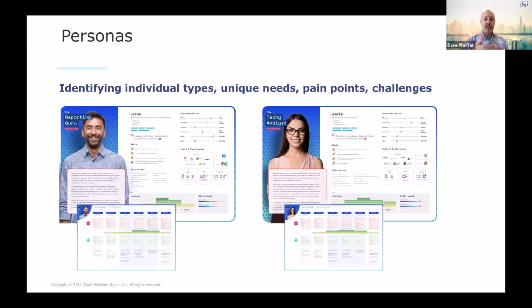This helps us internally put visuals to the user types, which helps us talk to them and relate to the different user types when we're having our conversations. As we're in product iteration and development mode, and we start talking about why we're going about a feature, who it's for, how it's going to be used, these are the artifacts that we refer back to. So our research leads to these artifacts, which we then use in all of our internal conversations.